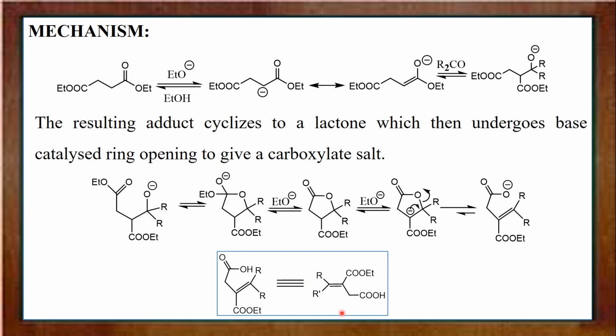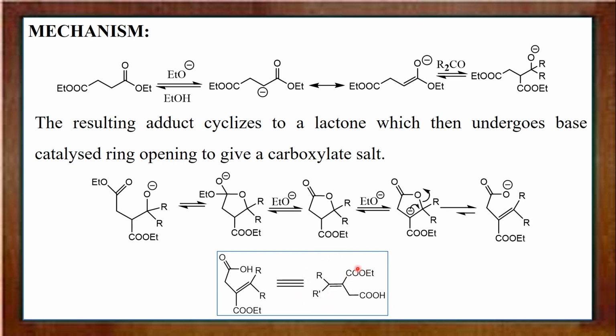So in the overall reaction we can see the carbonyl carbon of the ketone and the alpha carbon of the succinate, diethyl succinate, are connected by a double bond, and that is the product of Stobbe condensation.